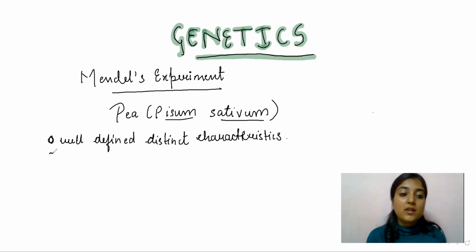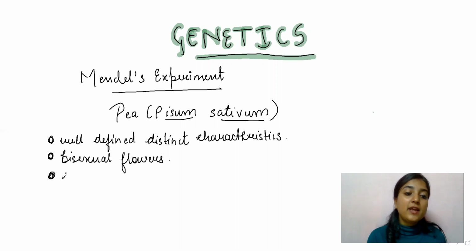Okay. Now, the second advantage of taking the pea plant for his experiment: the pea plant possesses bisexual flowers. The third advantage was that the pea plant is easy to hybridize. So, easy hybridization.